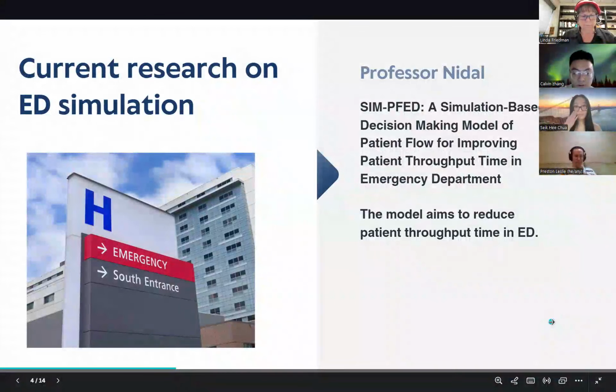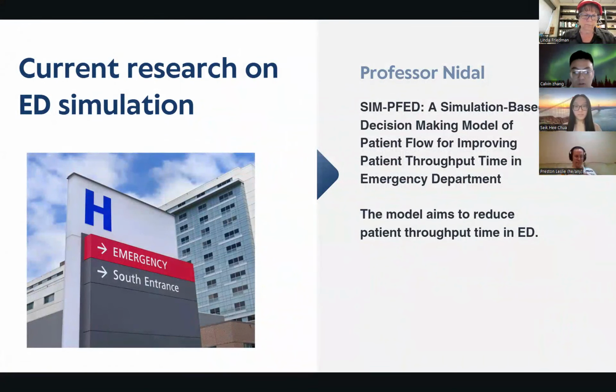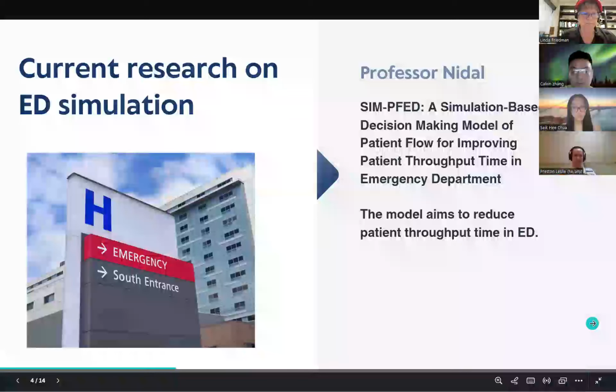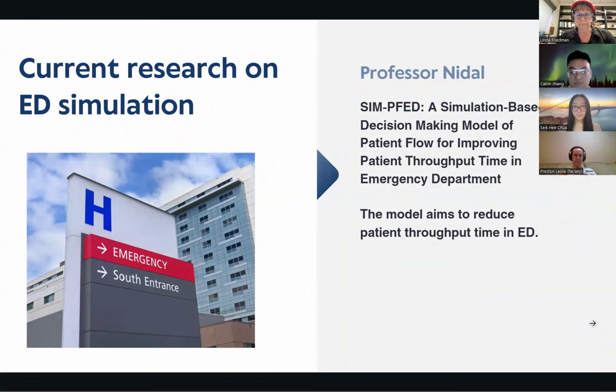So to inform our project, we looked into the existing research. One notable example is Professor Nida from University of Malaysia, who built a simulation of the patient flow in an emergency department. Because of the time constraint, I'll just quickly summarize this model, and we will explain more in our final paper.